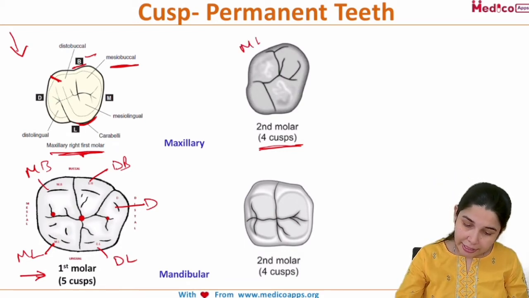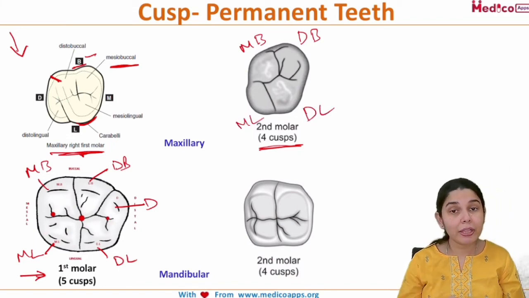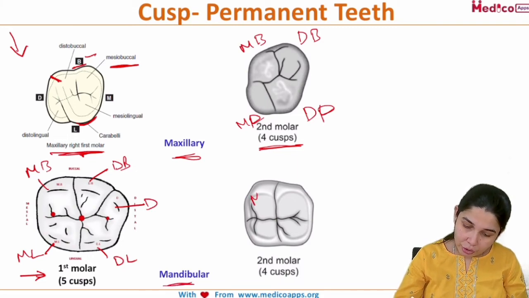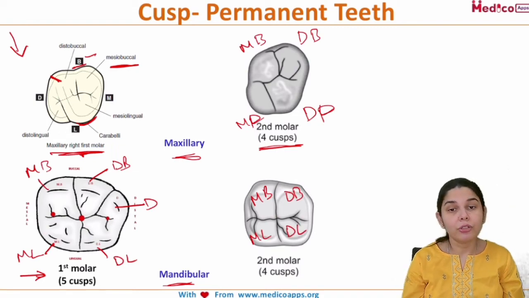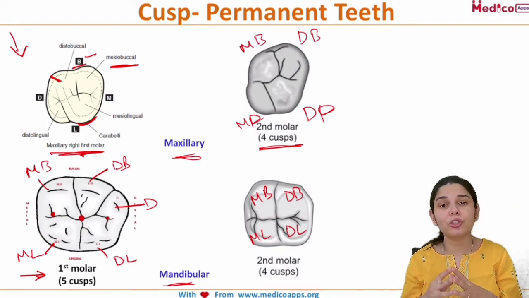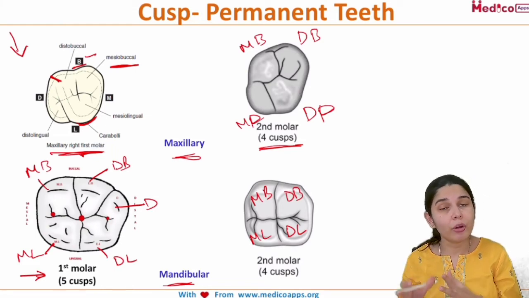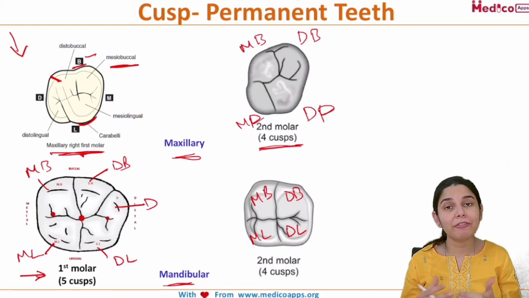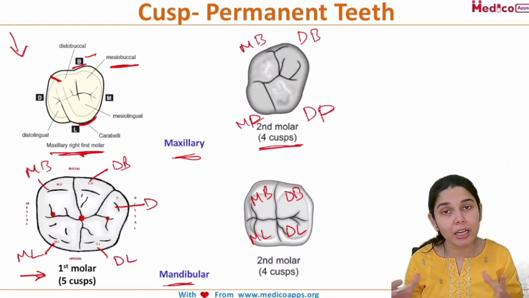In the maxillary, it will be mesiobuccal, distobuccal, mesiopalatal and distopalatal. And in the mandible, it will be mesiobuccal, distobuccal, mesiolingual and distolingual. So these are the 4 cusps you will come across in the maxillary and mandibular second molar.